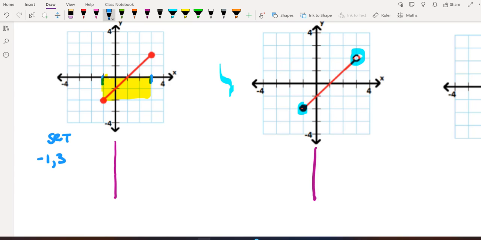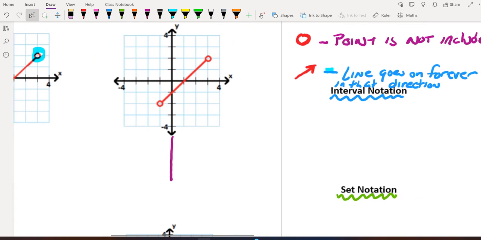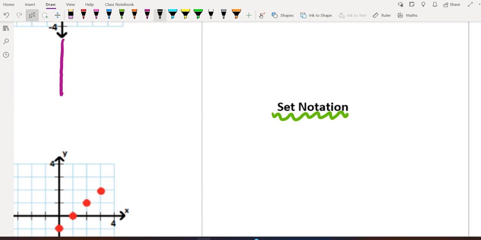Now, we need to let the readers know, whoever's reading our math sentence, is this a closed dot, open dot, or an arrow? Right? So we use brackets to do that. Okay, for set notation, if you have a closed dot, which means the point is included, we use square brackets.